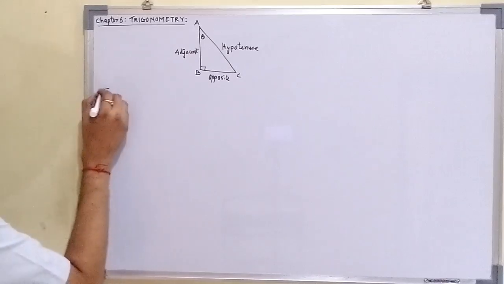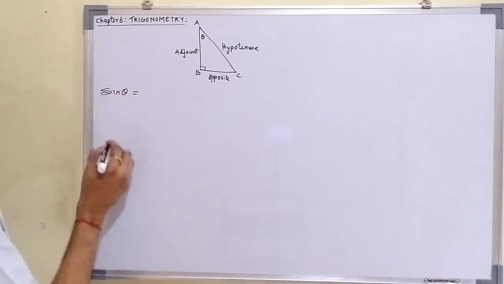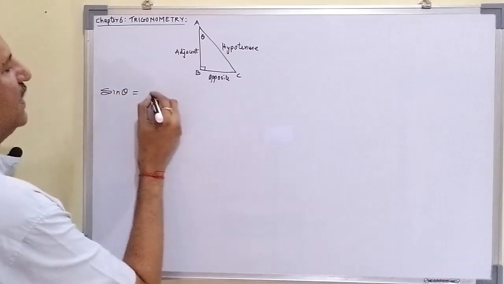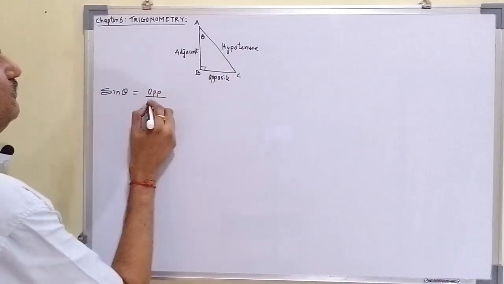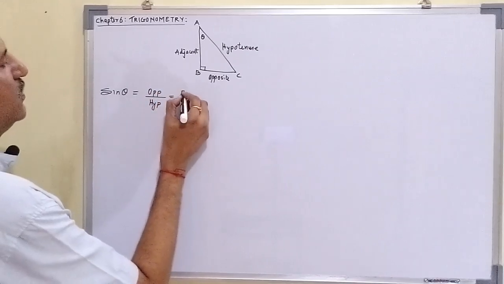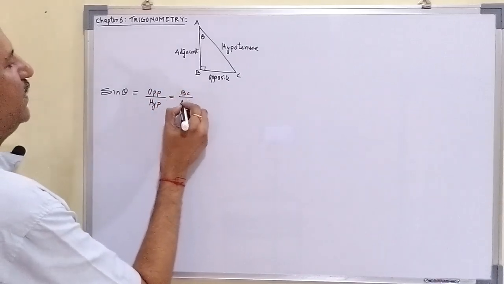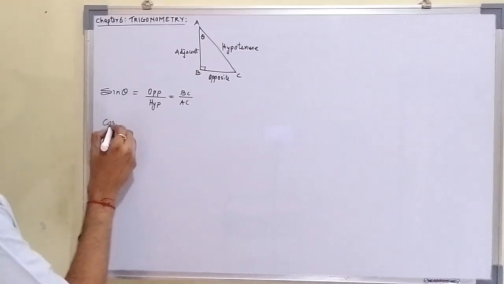So, we write first sine theta. Sine theta will be opposite side upon hypotenuse. This is the ratio, remember. So this ratio will be BC upon AC. Cos theta.